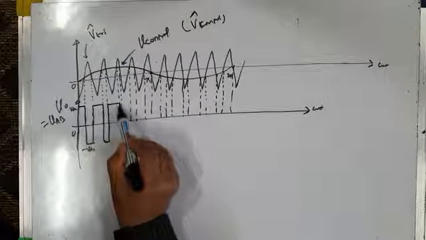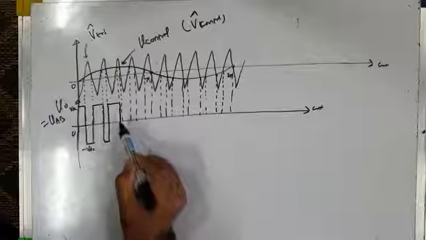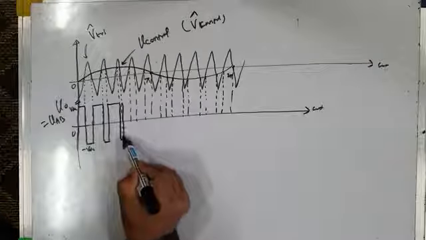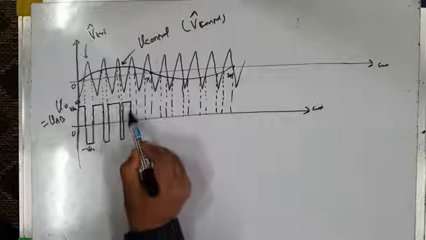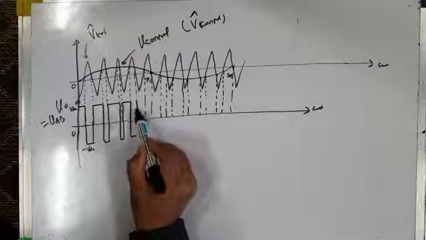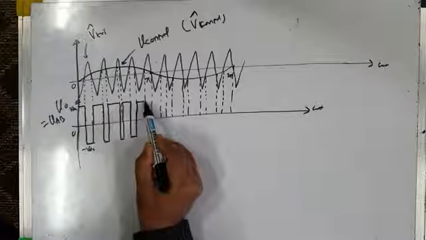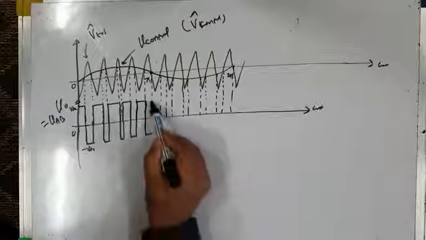And again plus VDC and minus VDC, like this, plus VDC, minus VDC, plus VDC, minus VDC.